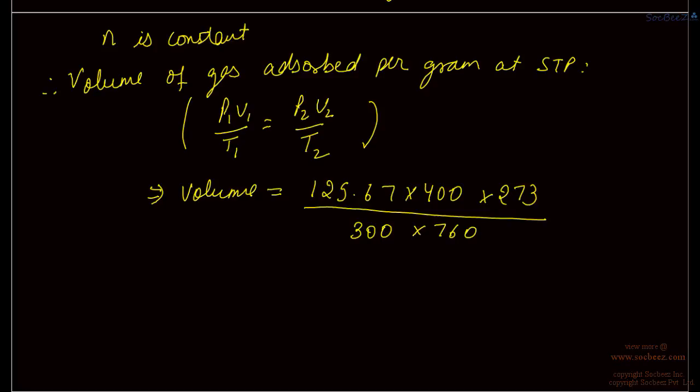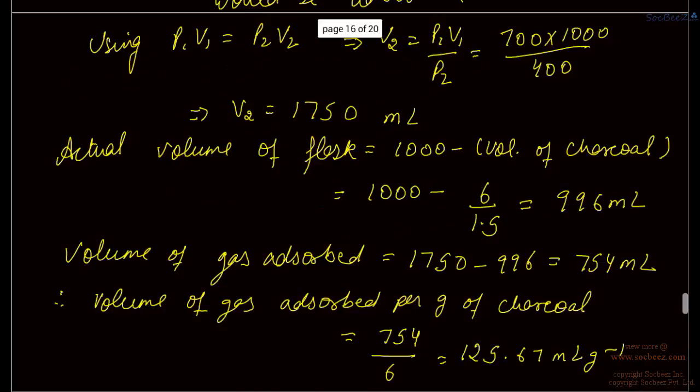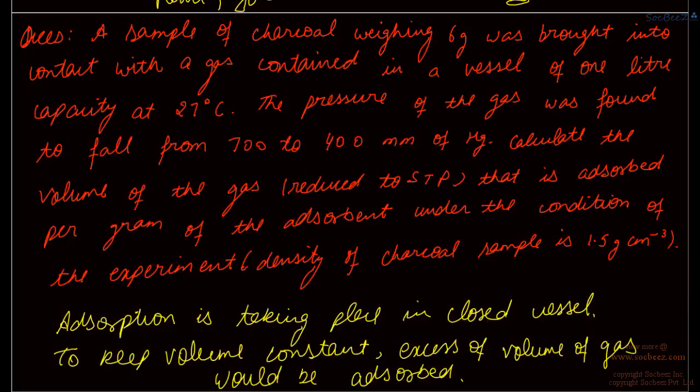Here 300 is T1, that's 27 degrees Celsius. So initially it was contained at 27 degrees Celsius.